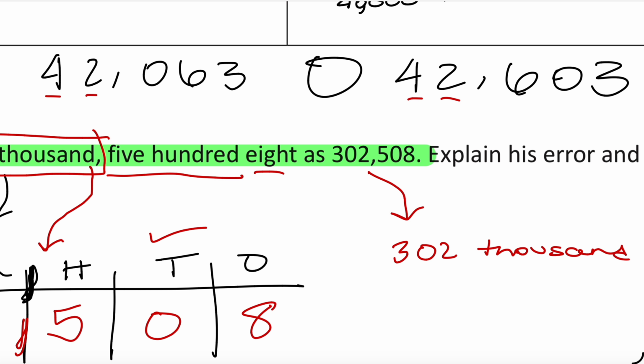But look at the hundreds place in both numbers. If you look at the hundreds place, what do you notice? You notice that the first one is 0, and the second one is 600. Which number is greater? In this case, it's going to be this number. This number is less. So I'm going to use the less than symbol just to symbolize that this is the lesser number out of the two.